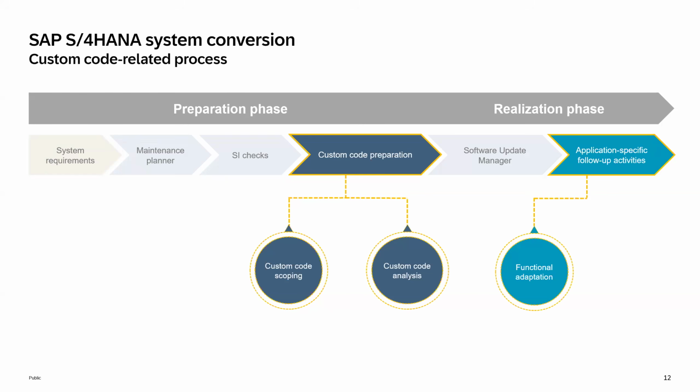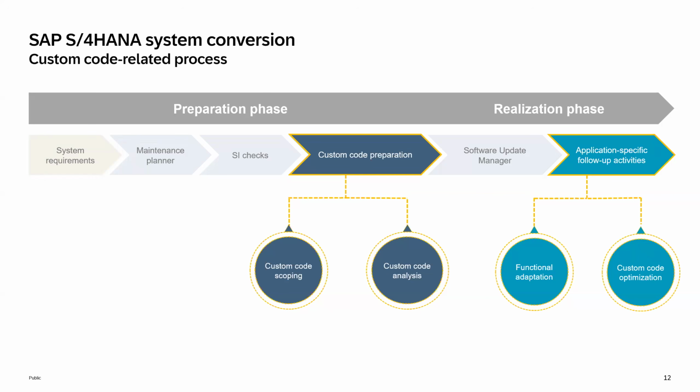And after the system conversion, after the software update manager has installed the new S/4HANA system software, you can adapt your code for S/4HANA, meaning you do functional adaptation, and in the end, you can optimize your custom code for S/4HANA, do some performance tuning, eliminate performance intensive SQLs, and so on.